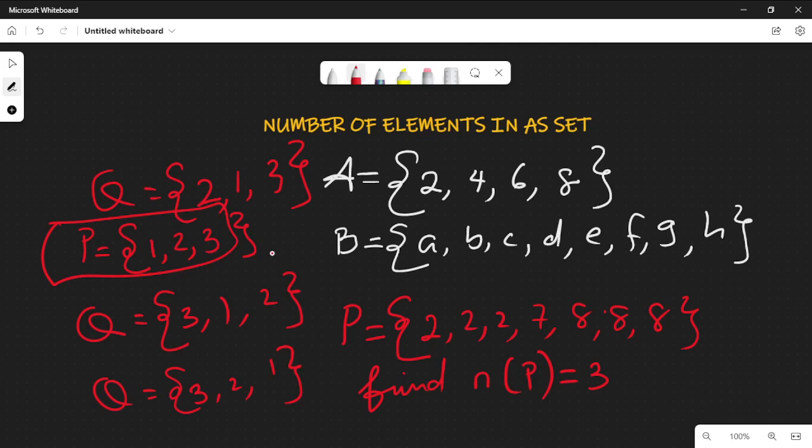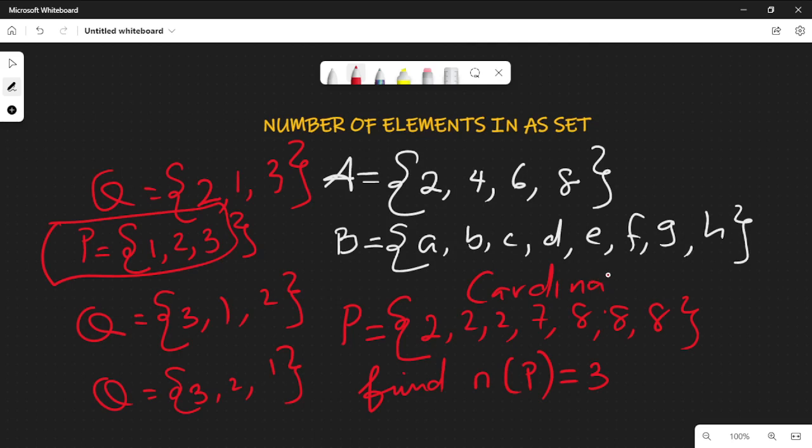So when you are asked to find the number of elements in a set, all you need to do is count the elements you have inside the set, and that will be your number of elements. It can also be called the cardinal of a set. Is that taken now?